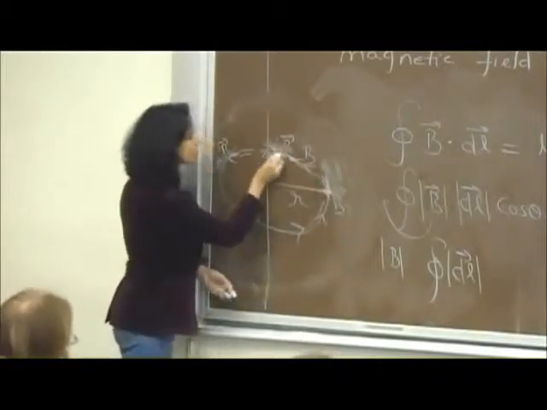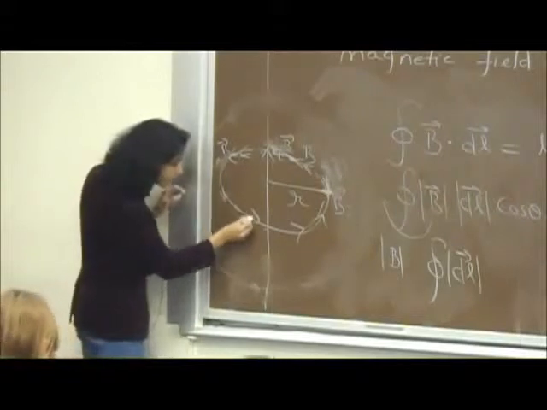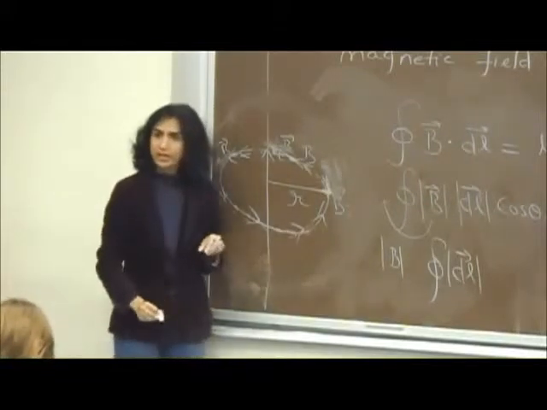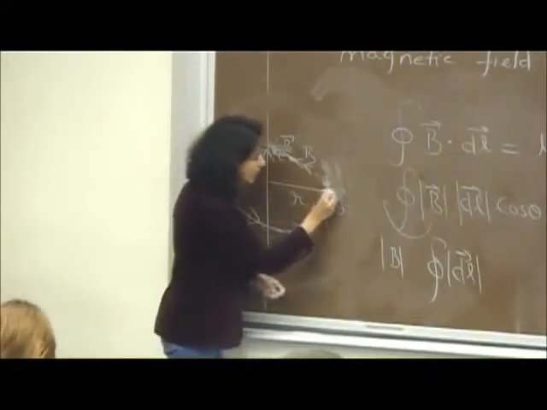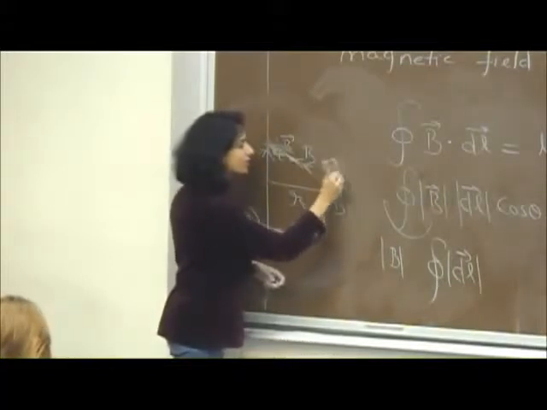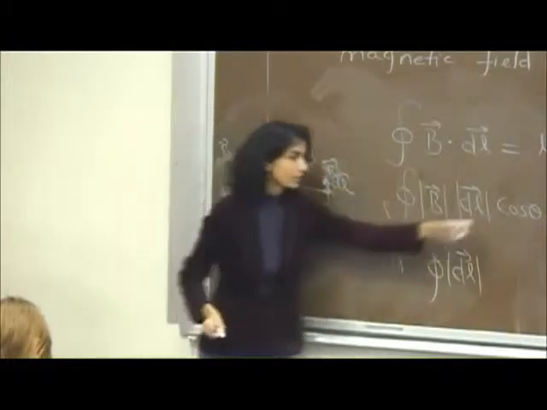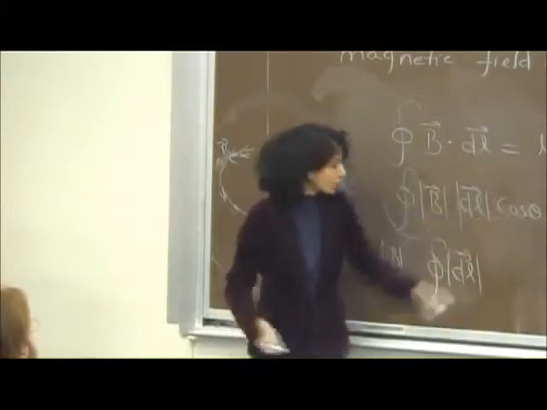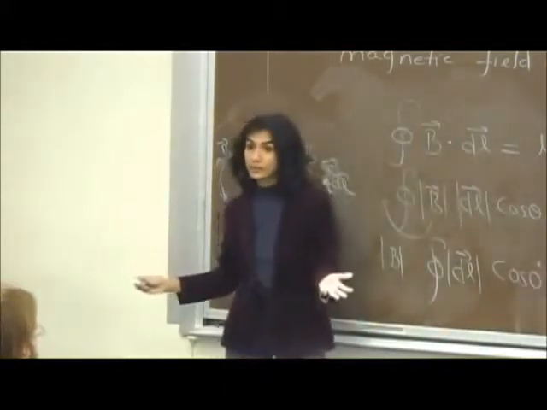Here dl is tangent, here dl is tangent to the circle, etc. So at every point the direction of dl is tangent to the circle, and the direction of magnetic field is tangent to the circle. So the angle between dl and the magnetic field is 0. They're both pointing in the same direction. So this is cosine 0, and cosine 0 is 1.